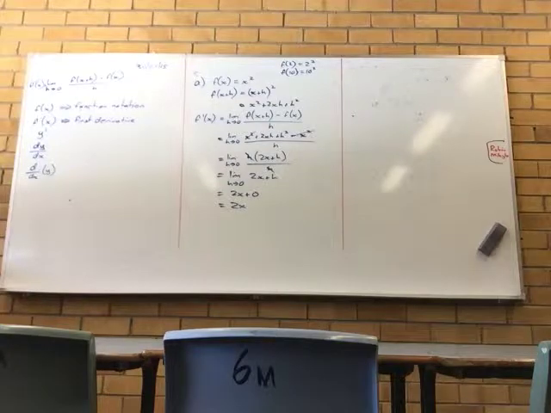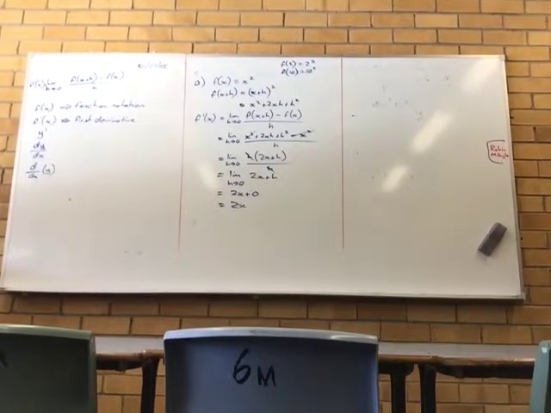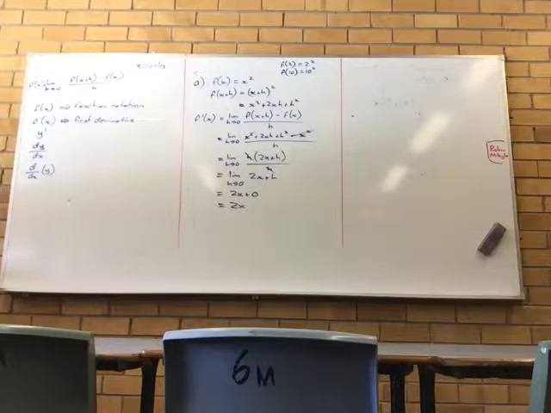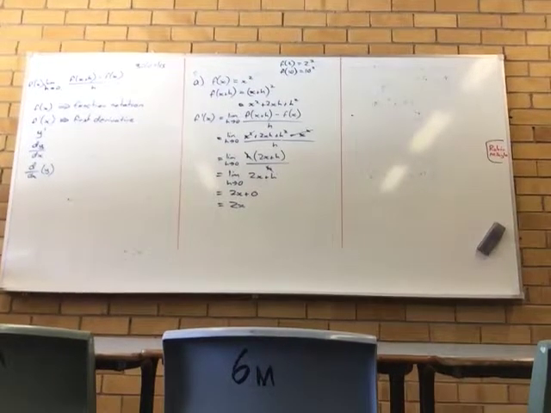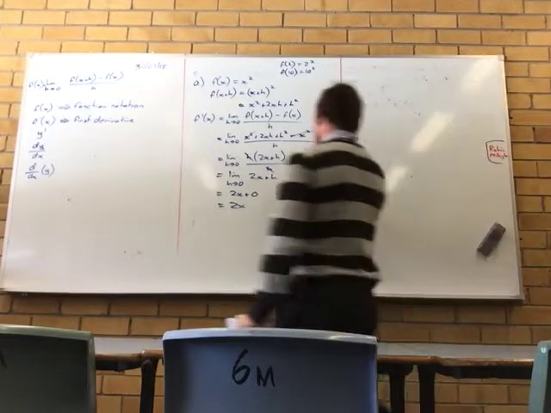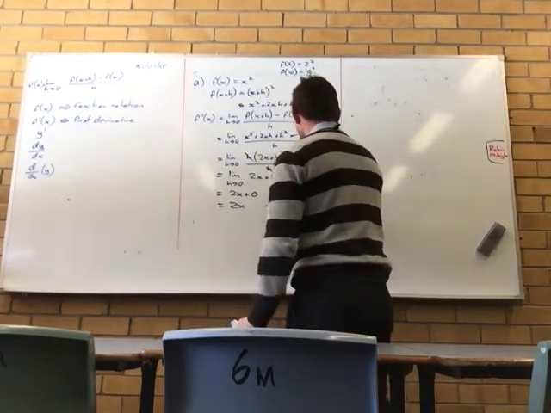So, for the parabola y equals x squared, what is the gradient of the tangent at the point 5? If I took the parabola, the point on the parabola would be 5, 25.